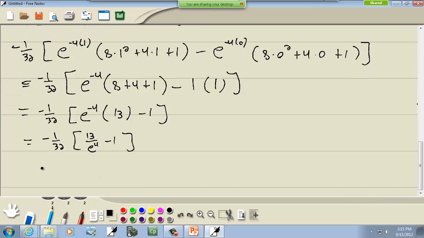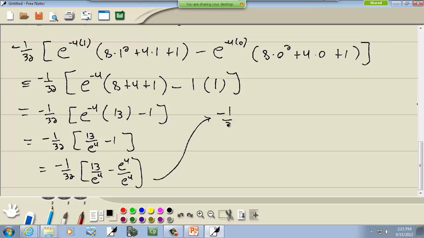I don't know if they actually simplify that any further, but if they do, and get a common denominator, this would be 13 over e to the 4th minus e to the 4th over e to the 4th, which would give me negative 1 over 32 times 13 minus e to the 4th over e to the 4th.